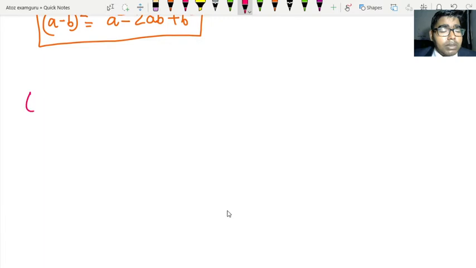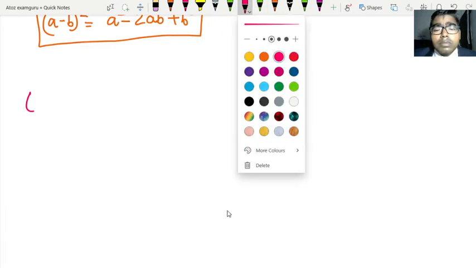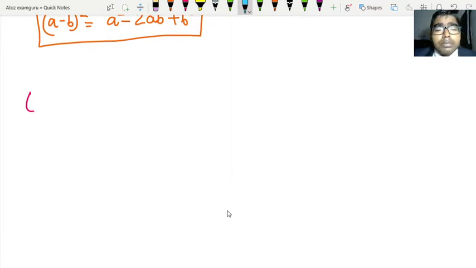It means simply, if you add (a plus b) whole square plus (a minus b) whole square, which result will come? Write down the expansion of both.